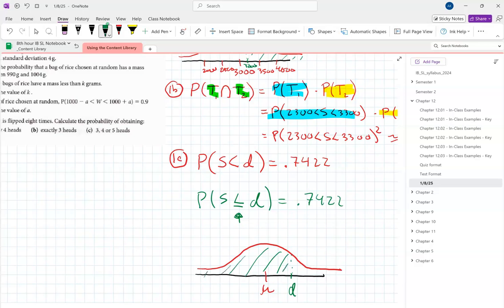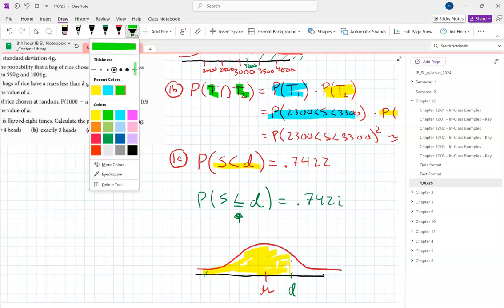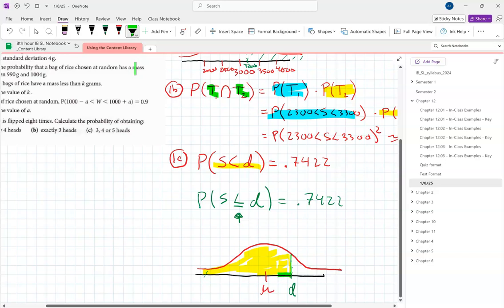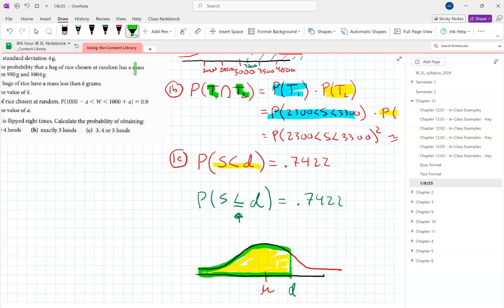So if I do less than D, it's like a dashed line there, right? Where it doesn't include that line, the area would. Everybody agree? If it's or equal to D, it would include that line, right? Everybody agree?